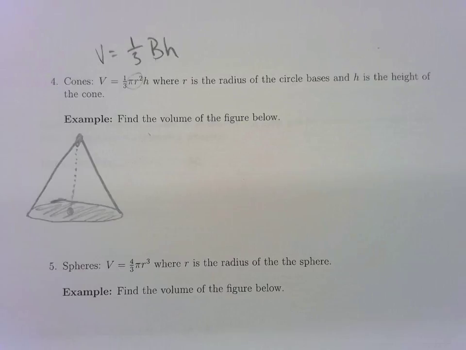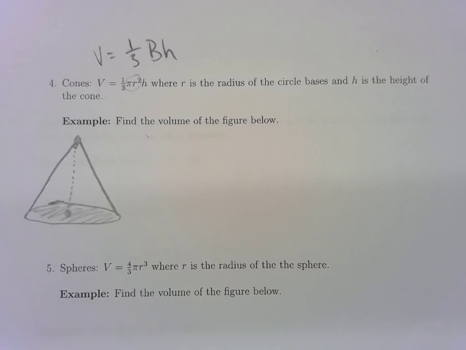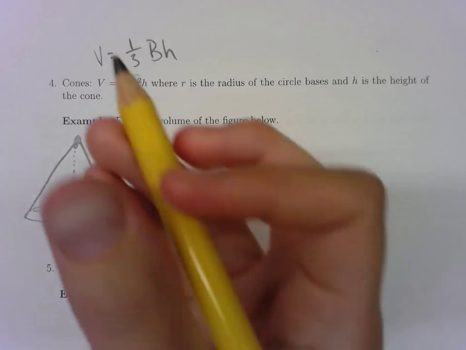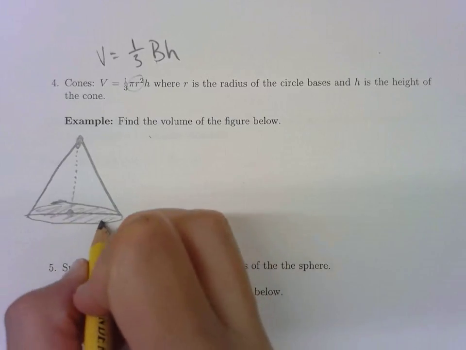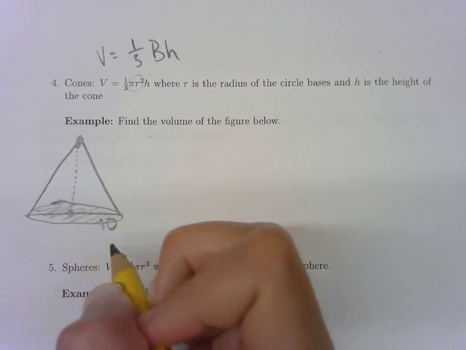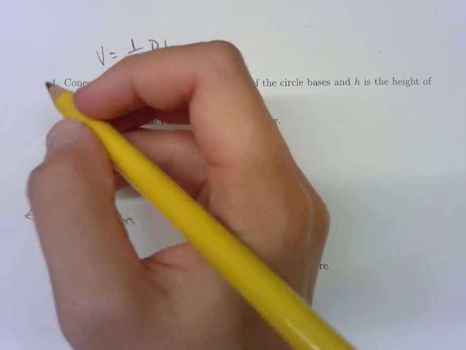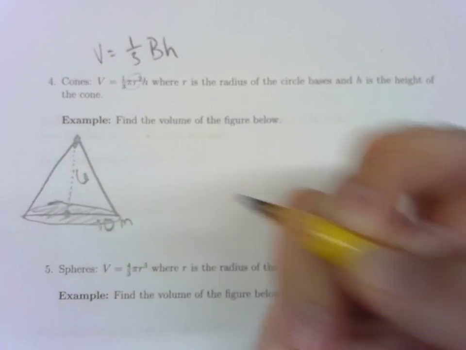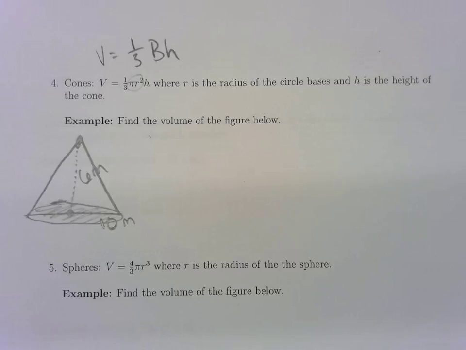So we did an example of a rectangle, but now this is just a circle base. Find the volume of this figure. Let's say we're given a diameter of 10 meters, and a height of 6 meters.